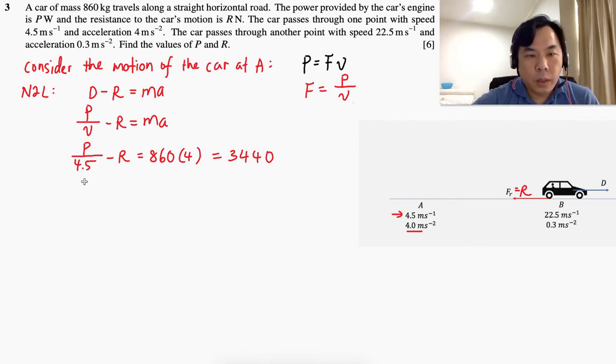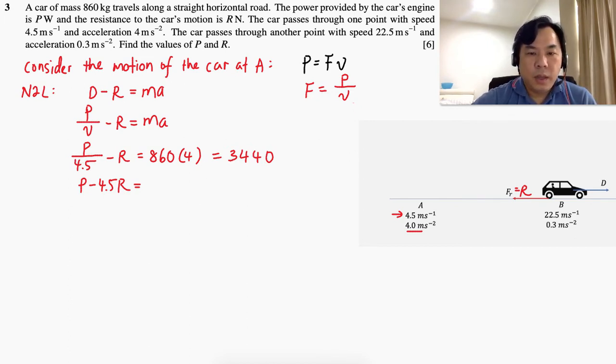At this point, we can arrange this algebraically to obtain a nicer linear equation. So we have 4.5R and then 4.5 multiplied with this.